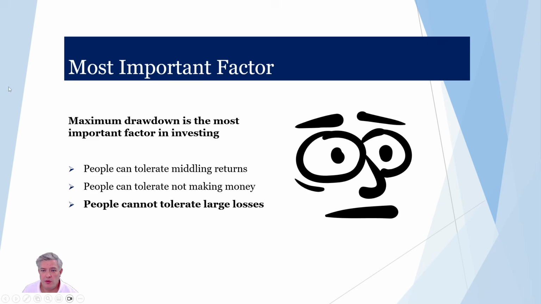So you need to focus on something that you can actually tolerate and stick with, because if you panic in a gigantic drawdown, you won't be able to come out the other side of it. So you need to really consider the maximum drawdown in your investment and whether or not you can handle that. I think that's really just the most important thing.